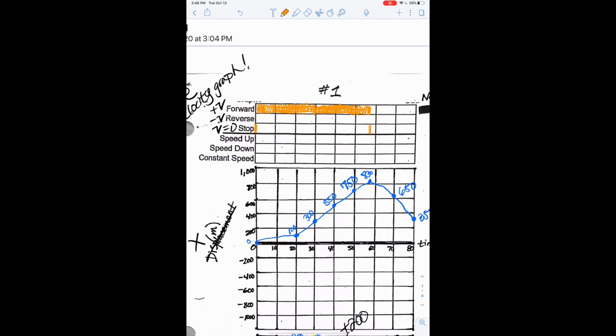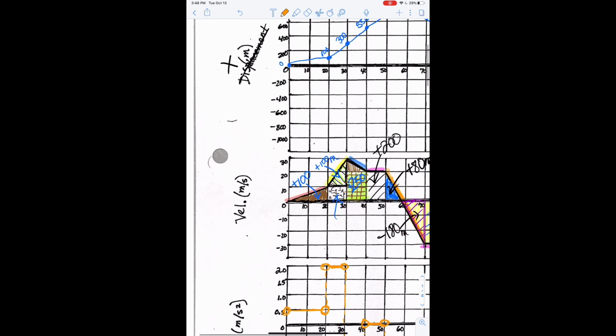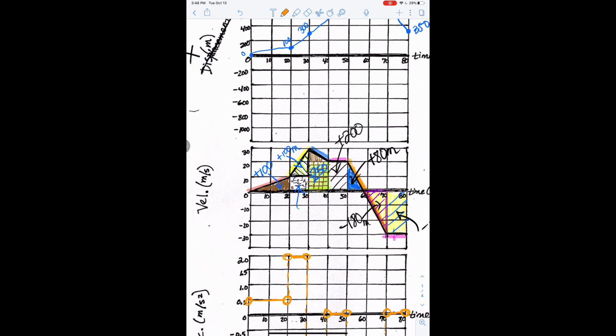It's all good. So the next question is, when are we moving in reverse? Well, reverse is going to be right after we hit that stop at 58. The object is going forward up to 58 seconds, and then its velocity becomes negative, which means it's going backwards, or to the left or down, the opposite of what it was doing before.